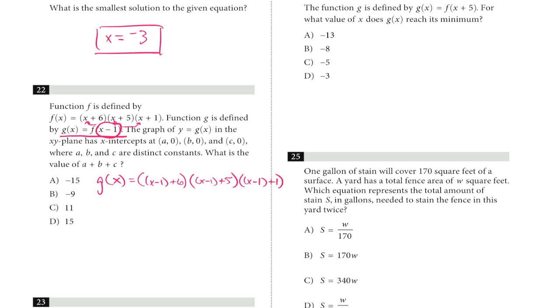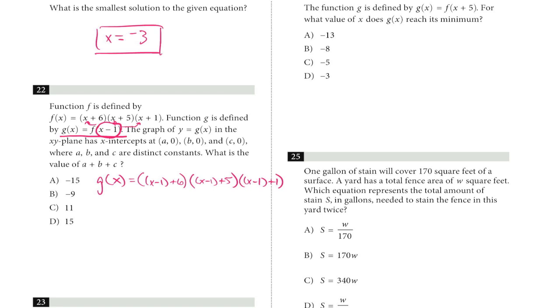So I've now just written the equation for g of x. So we're now just trying to find a, b, and c, which are the x-intercepts. So there are two really good ways to find the x-intercepts. One thing with x-intercept is that the y should be 0. The other way we can do it is if we have the equation, we could just go into Desmos and just graph it and see where it crosses the x-axis.